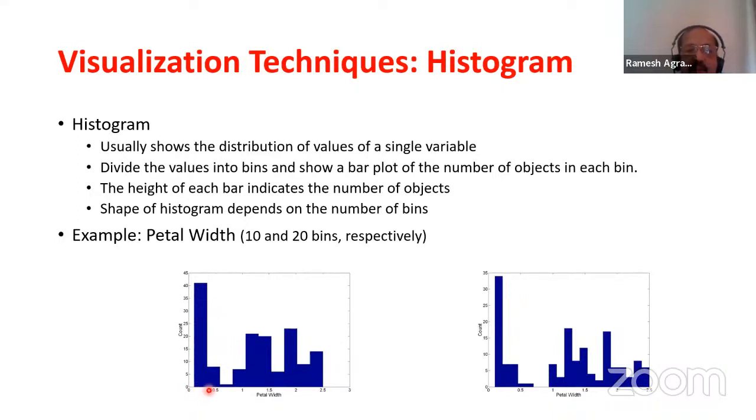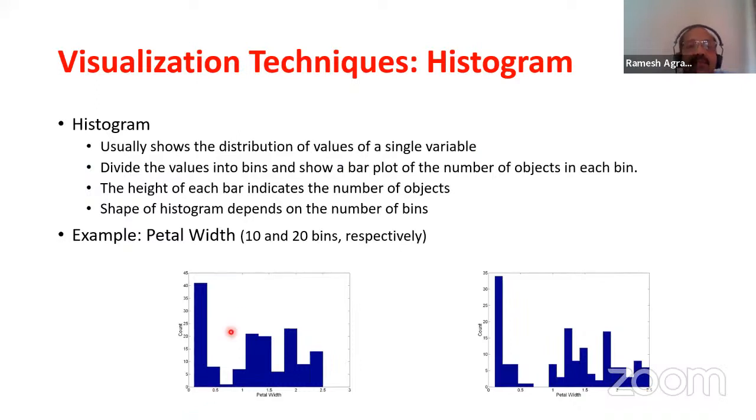When the value is between 0.25 and 0.5, what is the frequency? Similarly, 0.5 to 0.75, what is the frequency? By analyzing this, can you see that most of the flowers have a petal width in the range of 0 to 0.25?